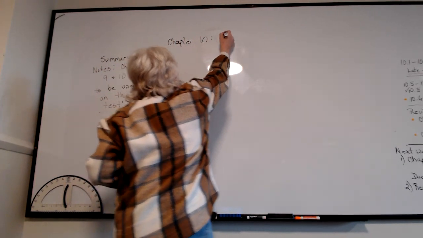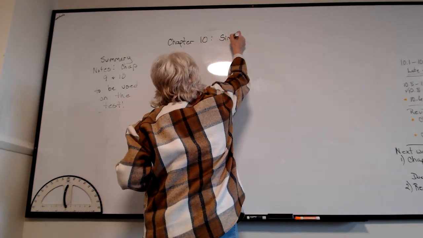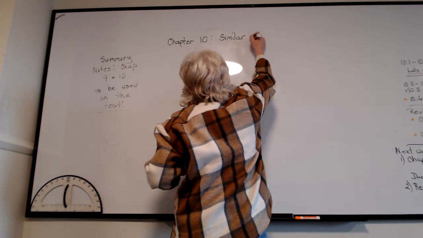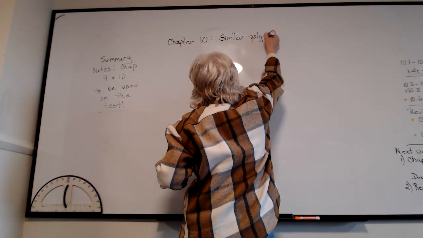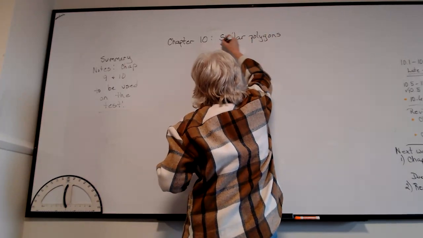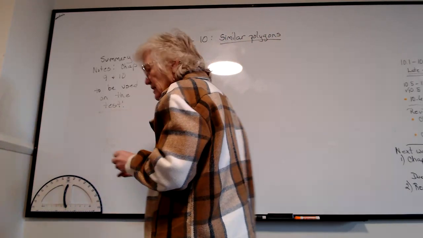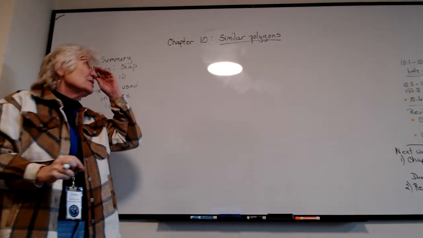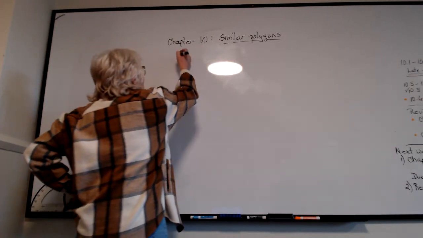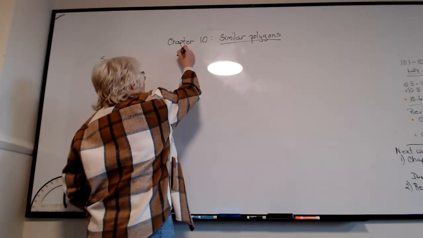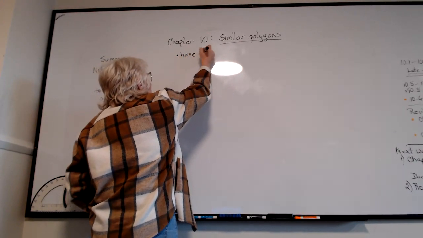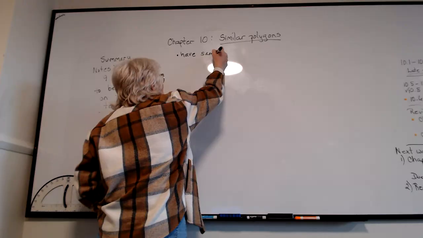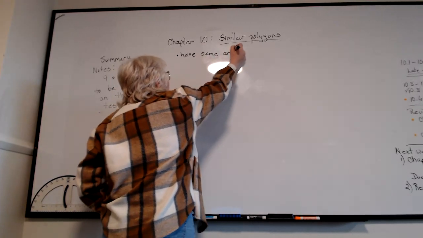Chapter 10 is all about similar polygons. It's really talking about all polygons that are similar. One thing we know about similar polygons is they have the same angle measures.